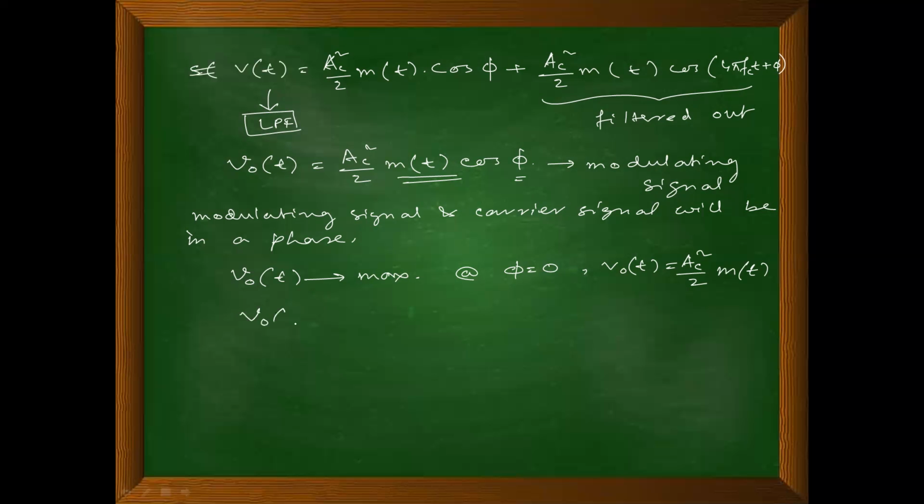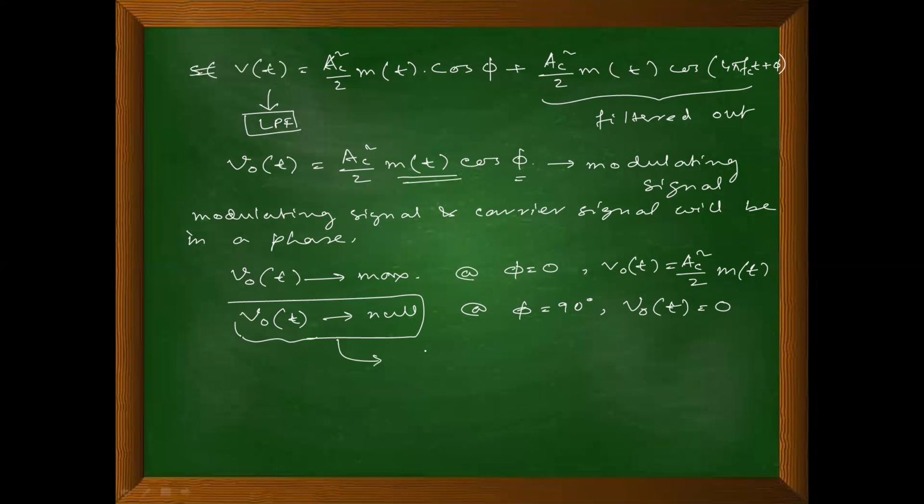And v0(t) will be null, that means it has no value, at φ = 90 degrees. At φ = 90 degrees, cos 90 degrees is 0, so v0(t) = 0. This condition, where v0(t) equals null, is known as the quadrature null effect.